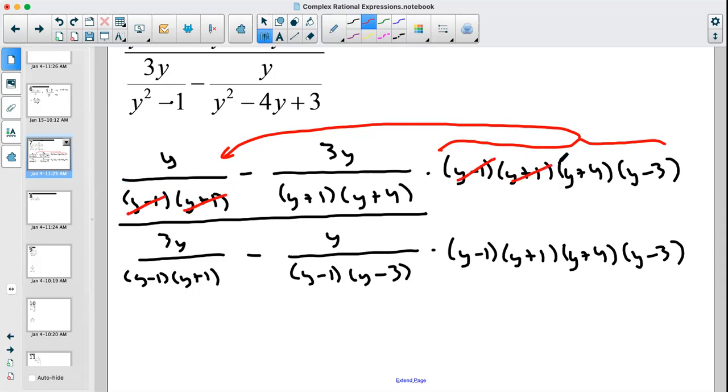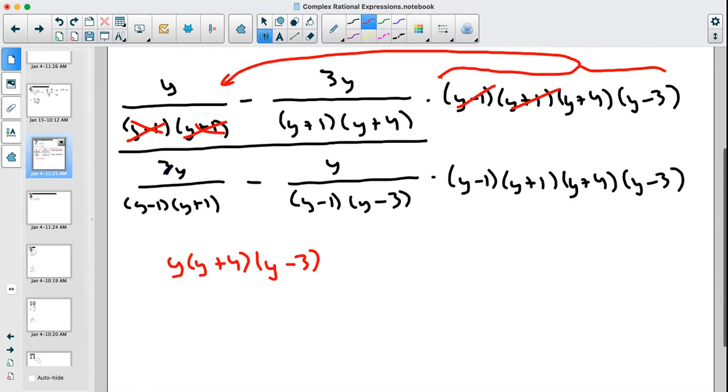This is going to cancel out with that. But I'm left with a y times these 2 things. So I get y times y plus 4 times y minus 3. And that's what this whole first term becomes when you multiply it by the LCD. The denominator crosses off, which is the whole point of doing this, because I want to get rid of these big, complex fractions.